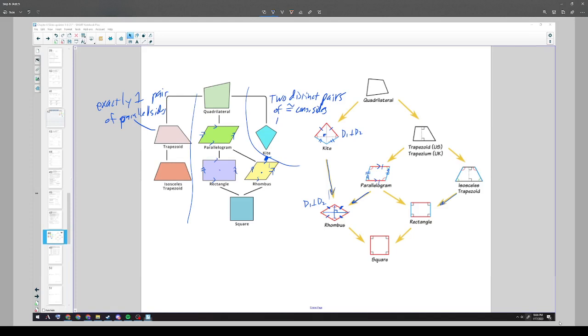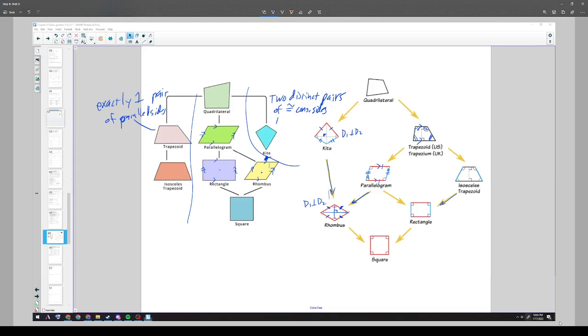Now, why I'm switching to this and including also these arrows from the trapezoid family is we get some properties that pass down from trapezoid to parallelogram. So by having one pair of parallel sides, we get this idea that these two angles are supplementary and these two are supplementary.